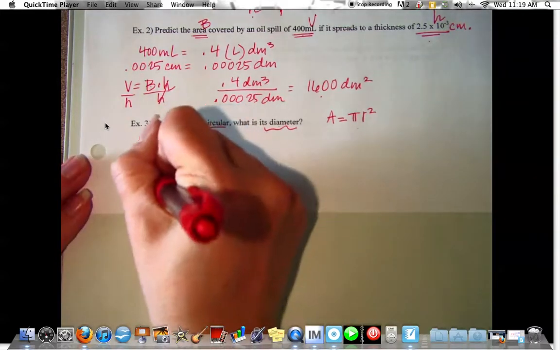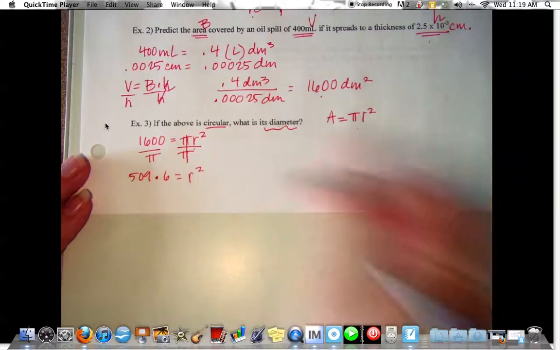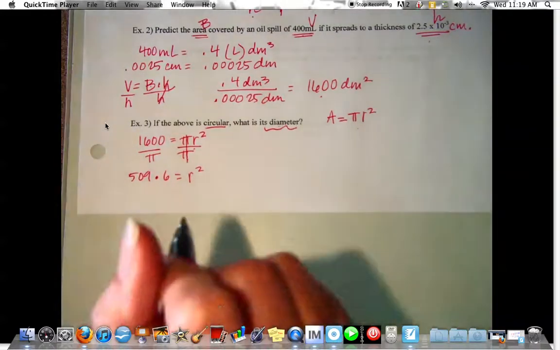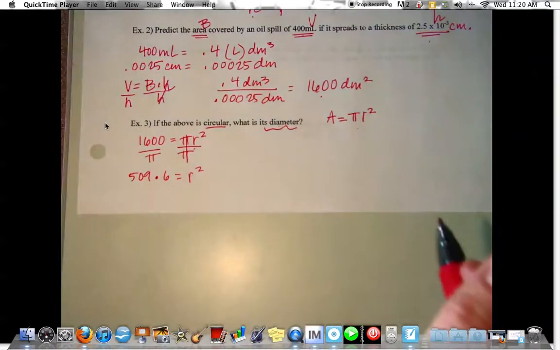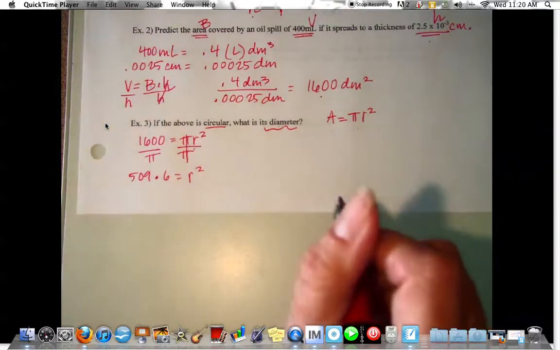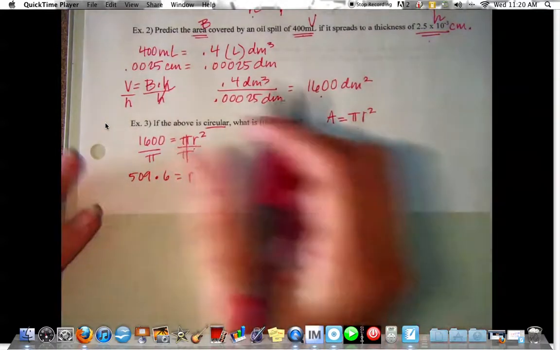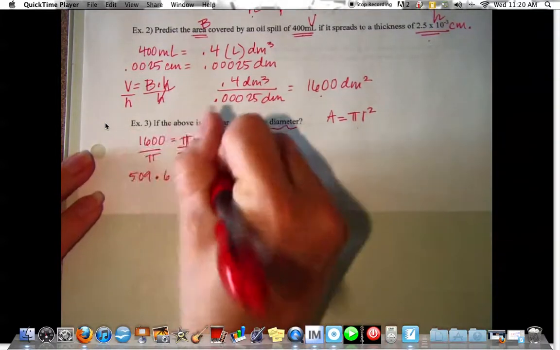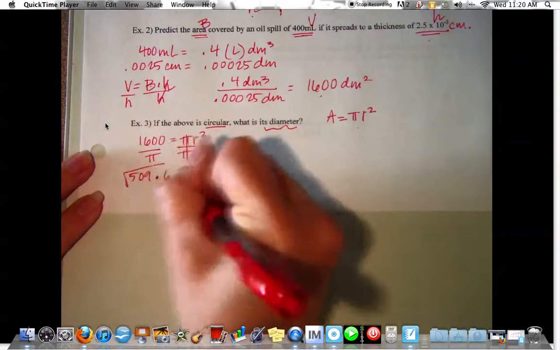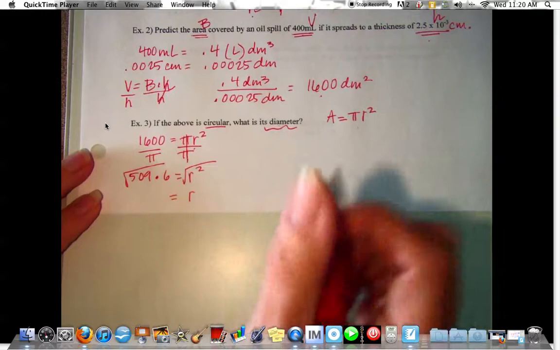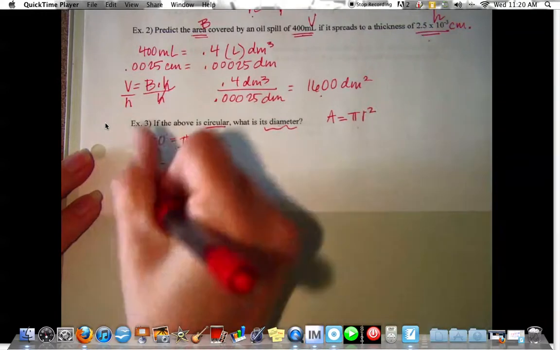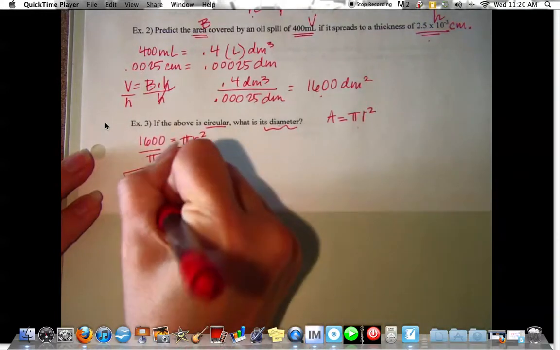So we'll go with 509.6 equals r squared. We don't want to leave it at r squared. We need to have just the radius. So that means we need to perform an operation on both sides, and that is taking the square root of both sides. So the radius equals square root of 509.6. And that gives us 22.6.